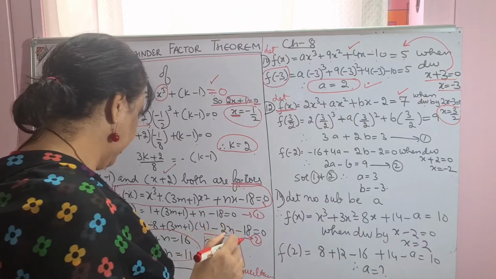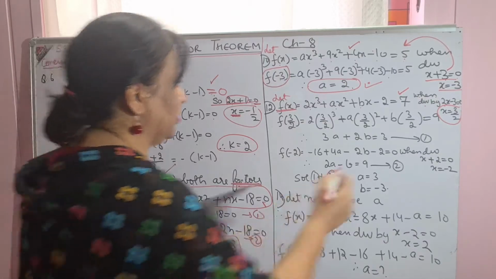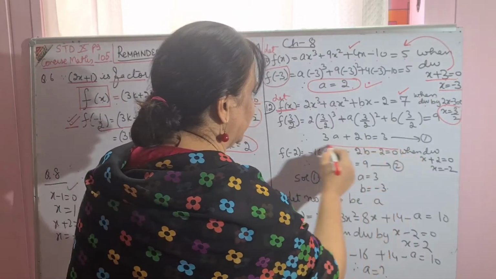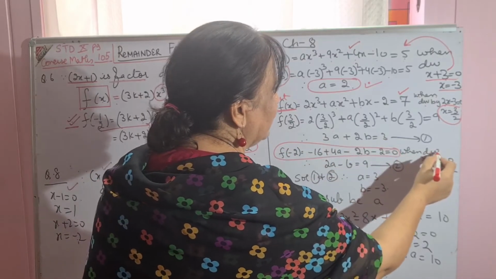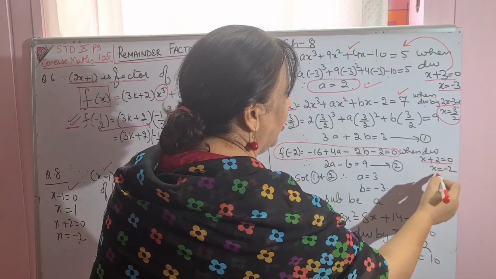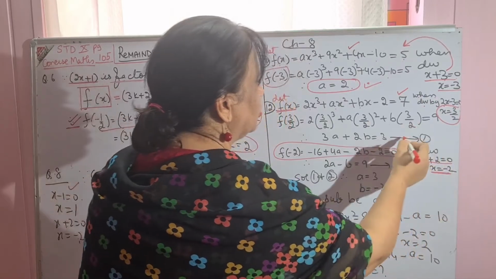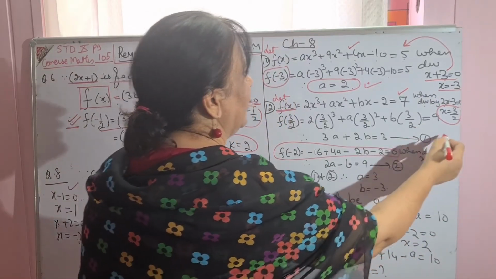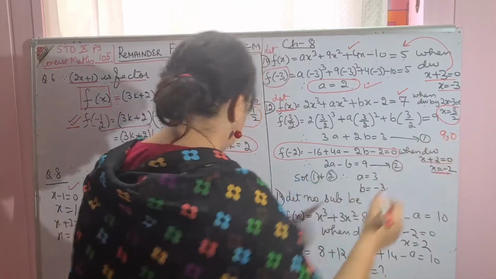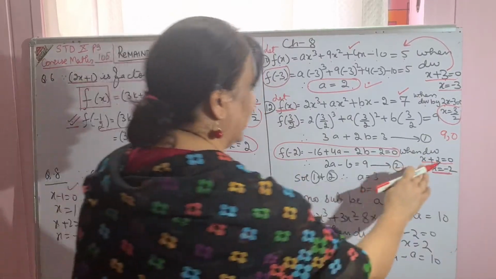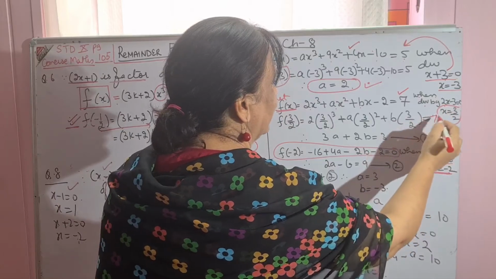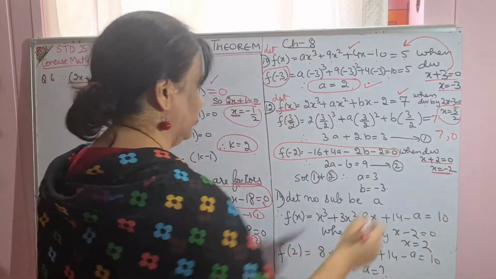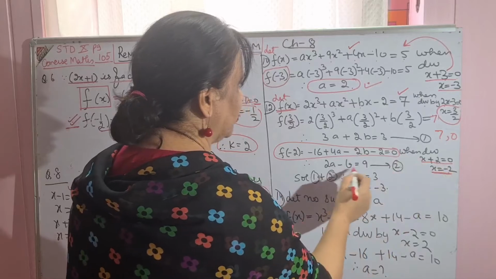Second time 2x cube plus ax square plus bx minus 2 is equal to 0. See, I put it equal to 0. When it is divisible by x plus 2 is equal to 0, or x is equal to minus 2. So two remainders have been given, 9 and 0. First time it was equal to, not 9, it is 7. For the first time it was equal to 7 and the second time it was equal to 0. So I have solved it.